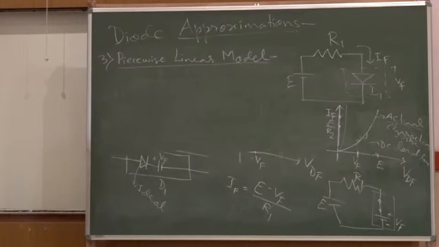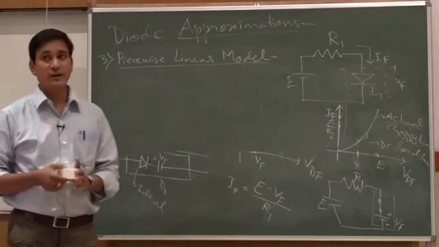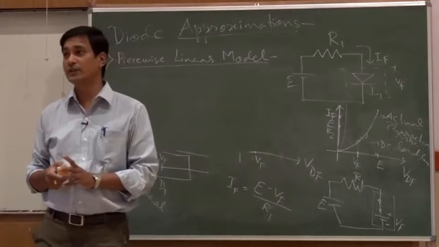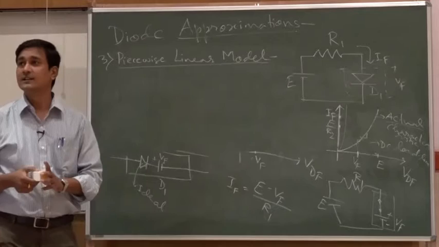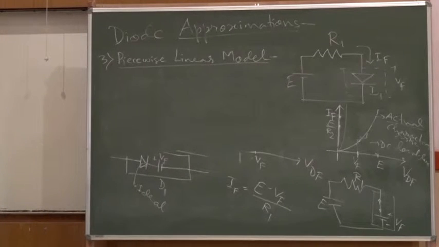Means the diode also will have some control over the current which is flowing through it. How is it? Let us first represent it mathematically.